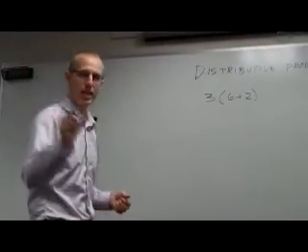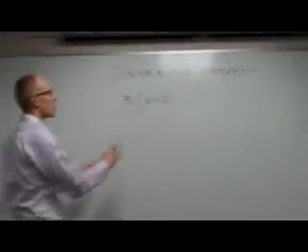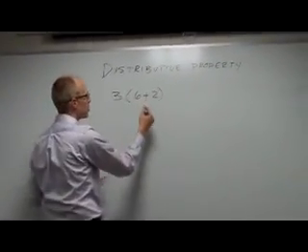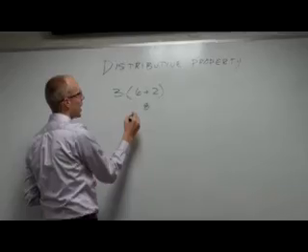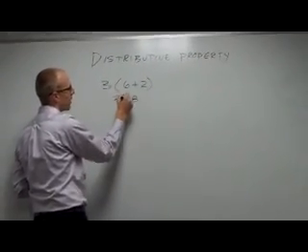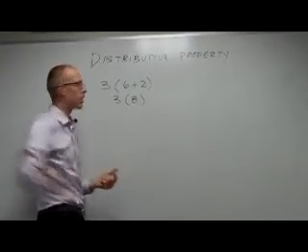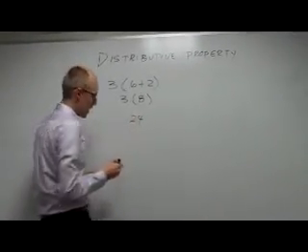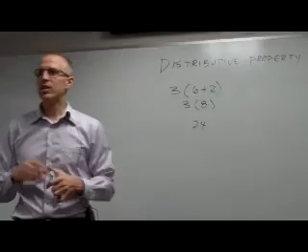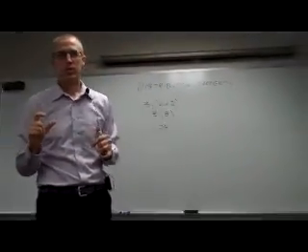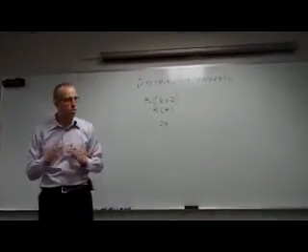Okay, so in the parentheses, we're going to do 6 plus 2, and that's going to be 8. And then that becomes 3 times 8, which is 24.